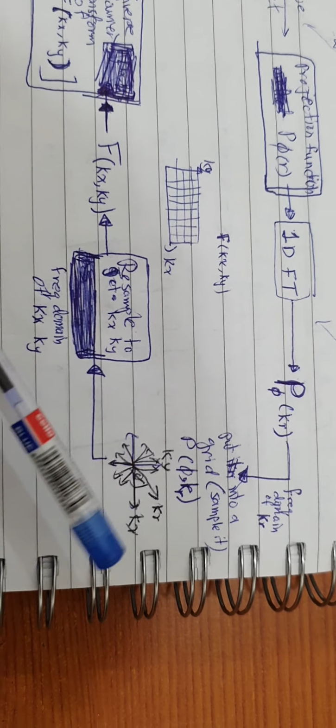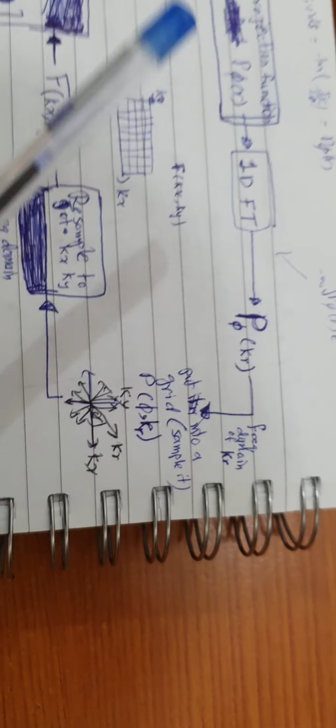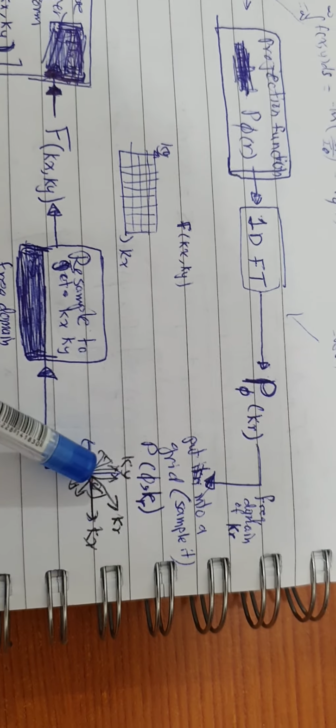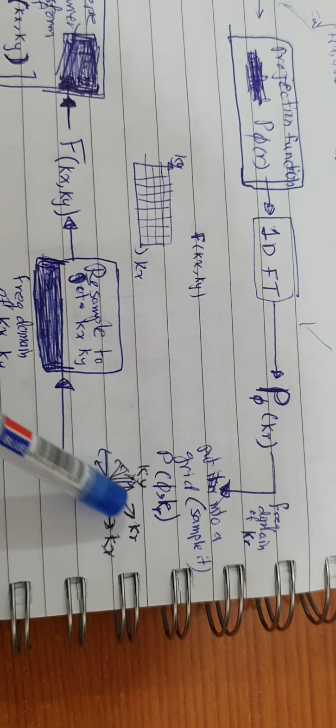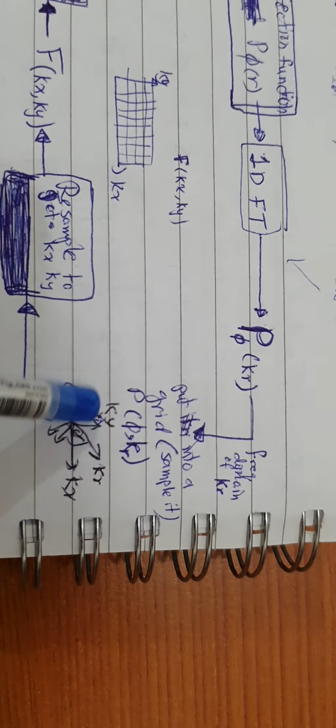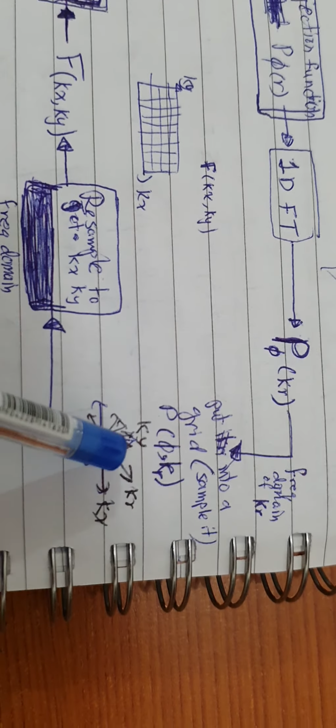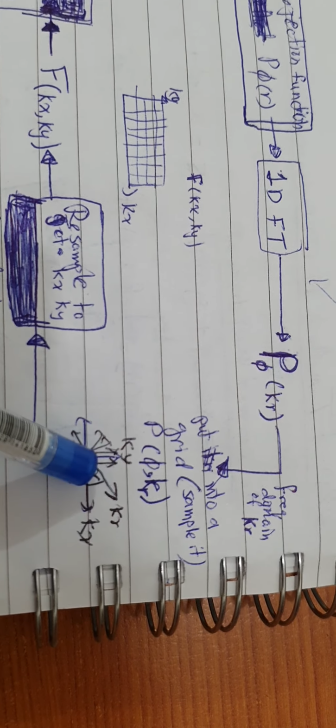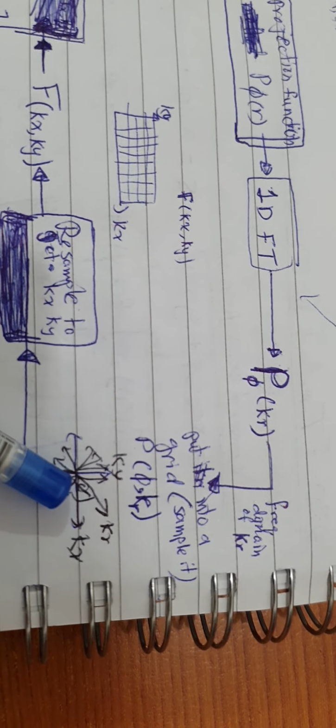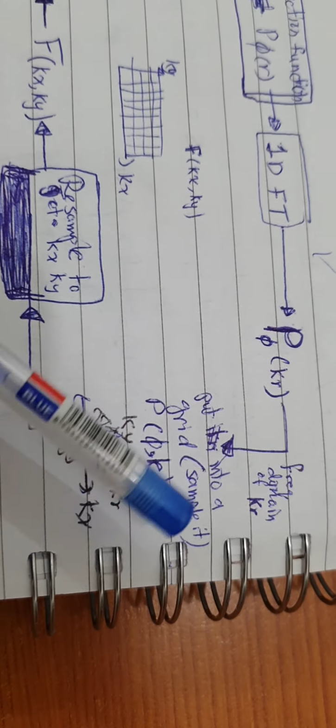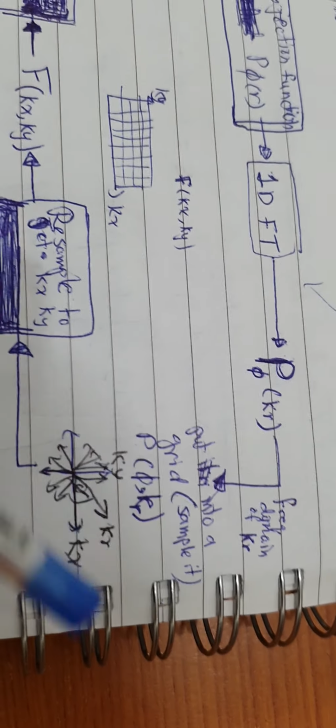So what we want is to sample it like this. So kr is the magnitude. Let's say that kr here, for the sake of explaining, is the magnitude, and phi is the phase, or the angle, sorry, whatever angle.